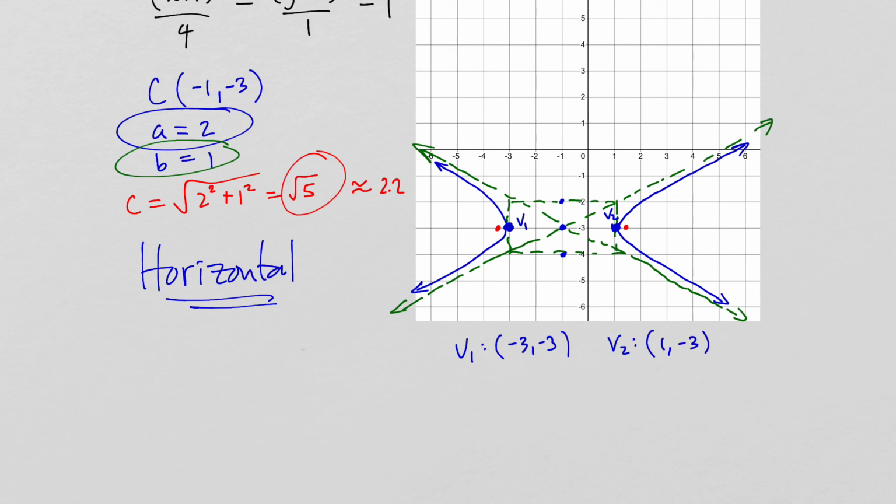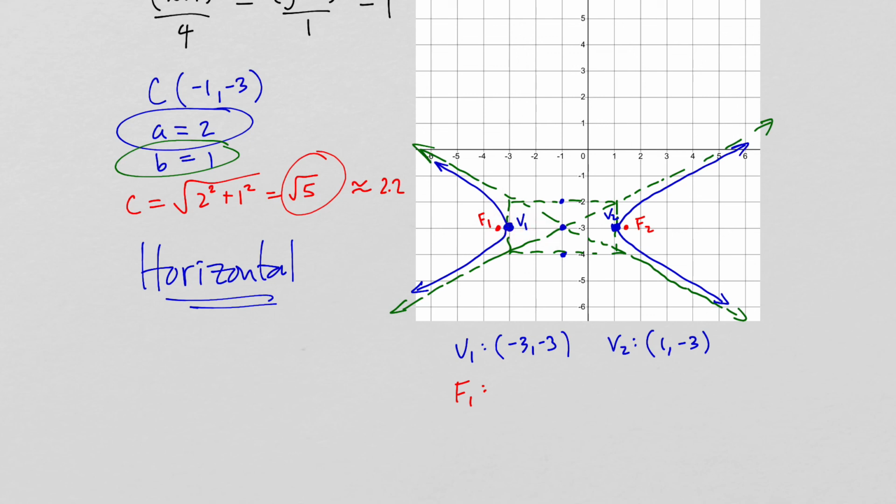And then when you get to the foci, so here's focus 1 and here's focus 2. For focus 1, the x-coordinate is like -3 point something, right? But if you want to give that as a precise number, what you have to do is start at the center, which occurs at x equals -1, and you have to move c units to the left.